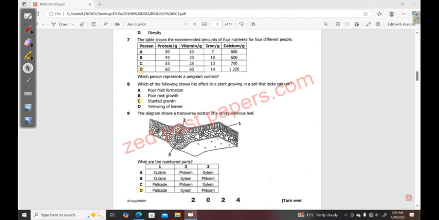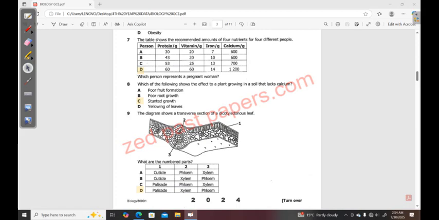The table shows the recommended amounts of 4 nutrients for 4 different people. So person A, these are the contents they have. Protein is 30. For this one, I'll quickly run through and go to the question. The question is, which person represents a pregnant woman?